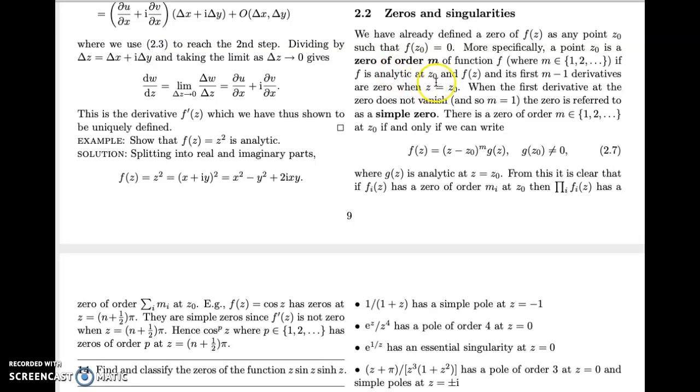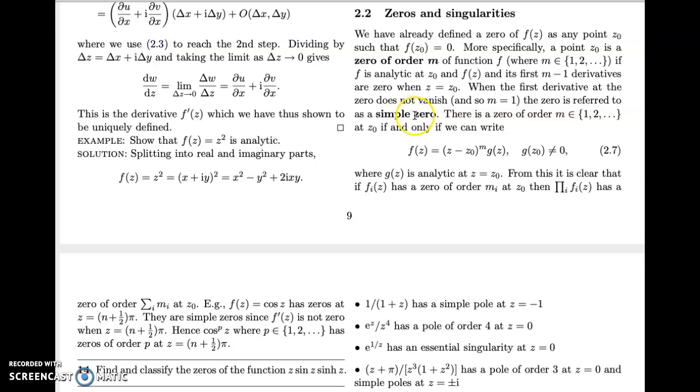So if f is analytic at z0 and f of z and its first m minus 1 derivatives are 0 when z equals z0, that means that at z0 you have a zero of order m. So when the first derivative at a zero doesn't vanish, then we call it a simple zero.